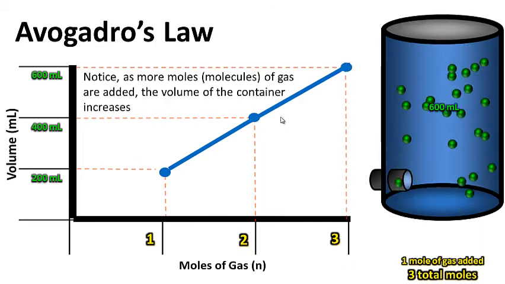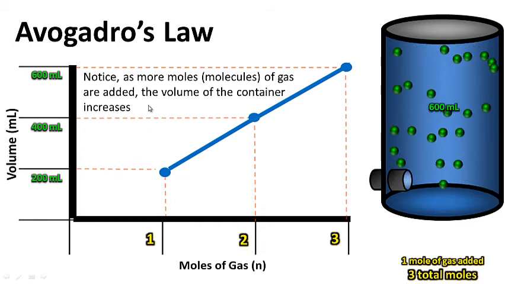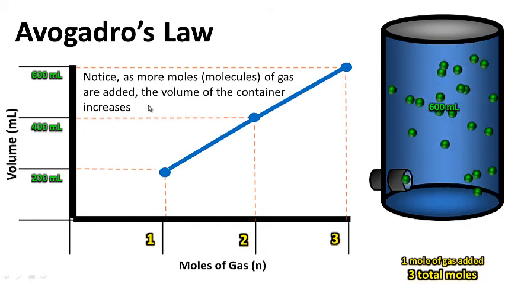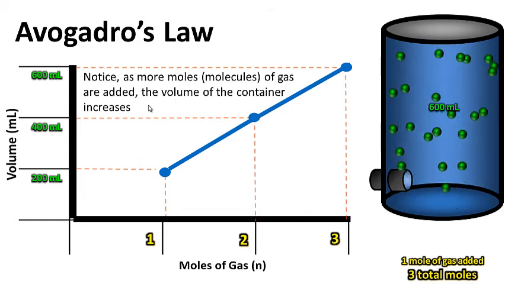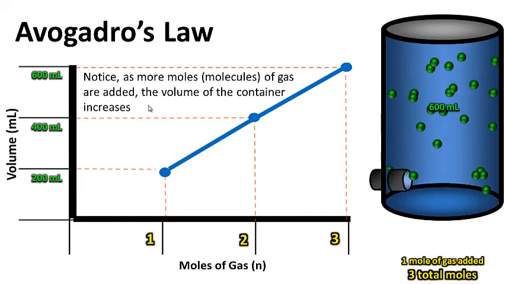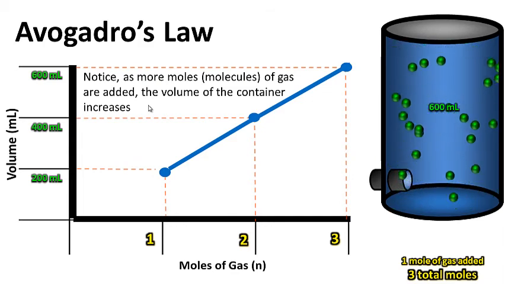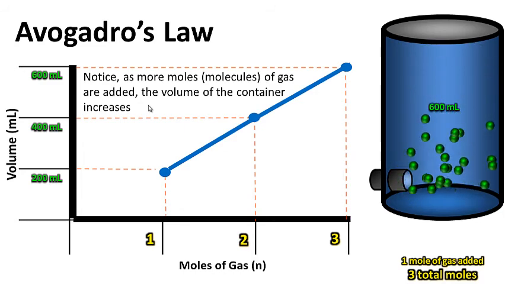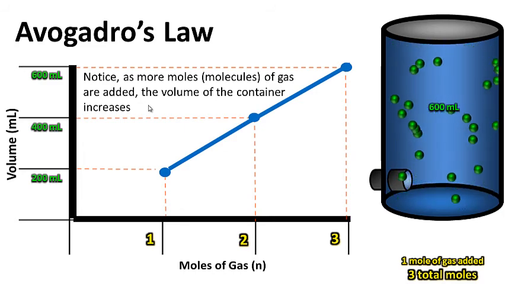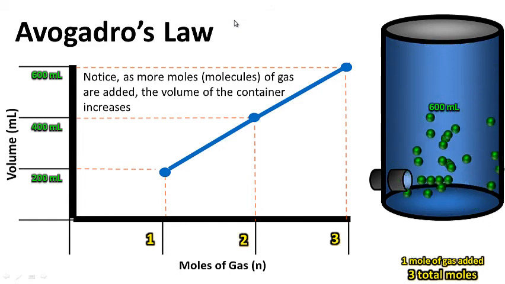And notice, as more moles or molecules of gas are added, the volume of the container increases. It's just like blowing air into a balloon. As you blow more molecules or atoms in, the balloon gets bigger, right? Pretty basic law. That's pretty much Avogadro's law.